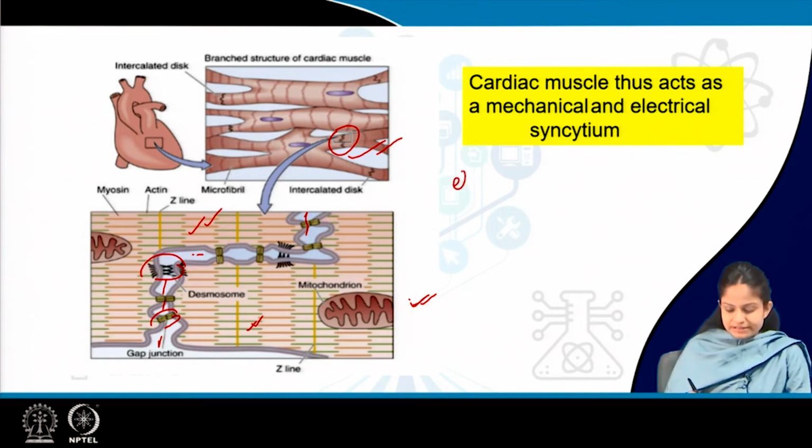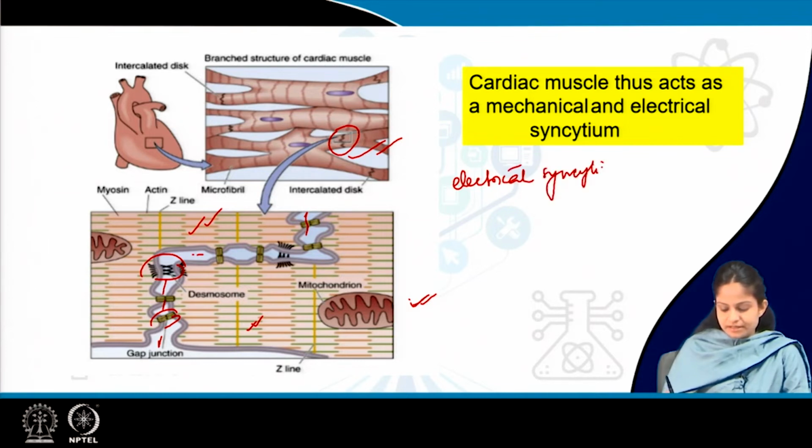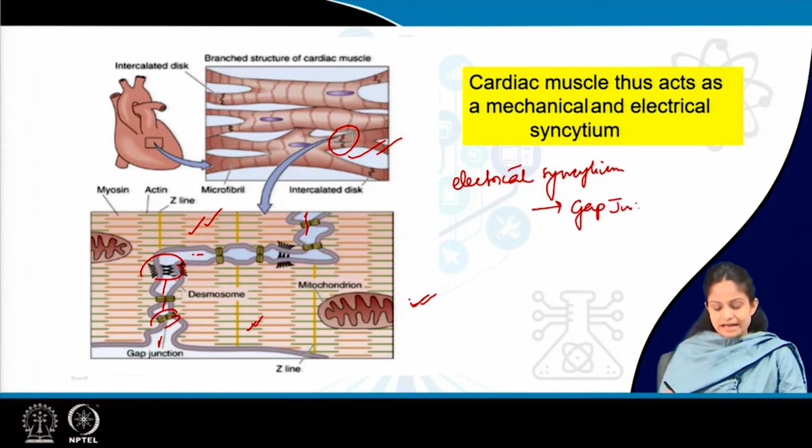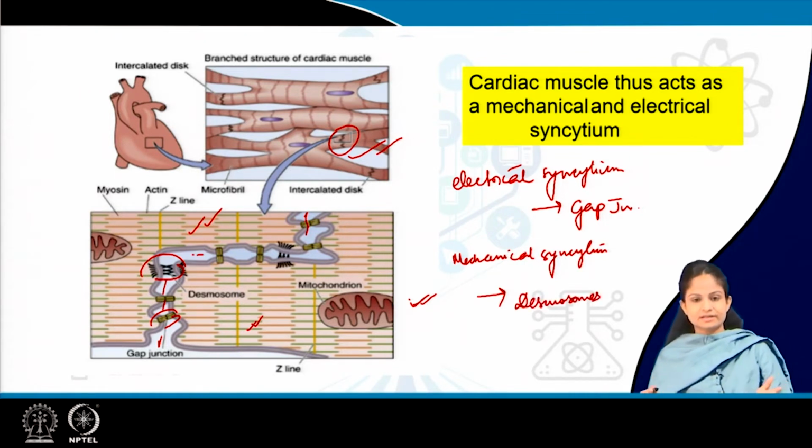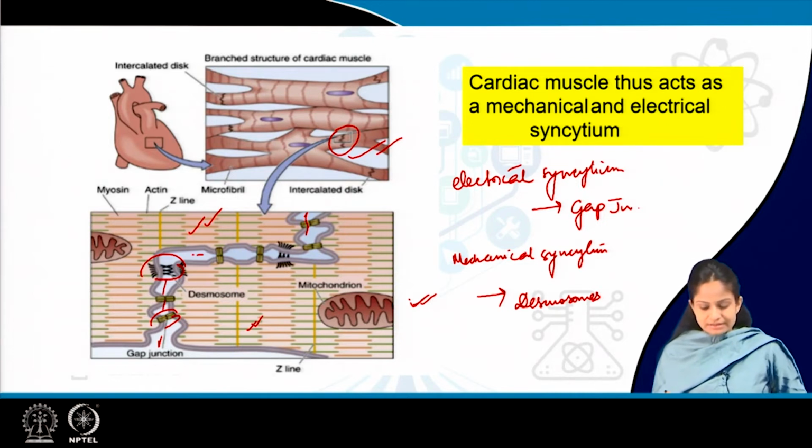So, the electrical syncytium is mainly maintained by the gap junctions and the mechanical syncytium is mainly maintained by the desmosomes. These are nothing but the intercellular junctions, cell junctions. So, gap junctions mainly act as an electrical synapse over here. So, that's why the cardiac muscle acts as a mechanical as well as electrical syncytium.